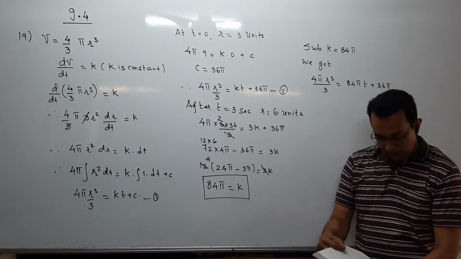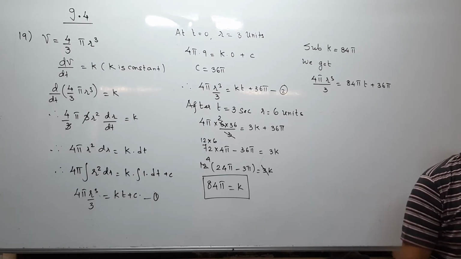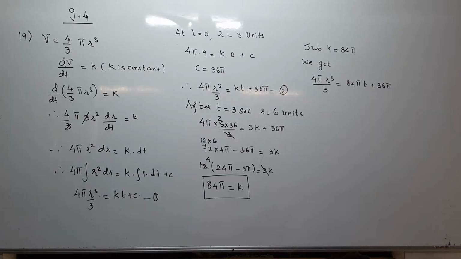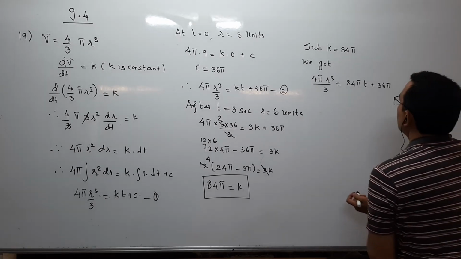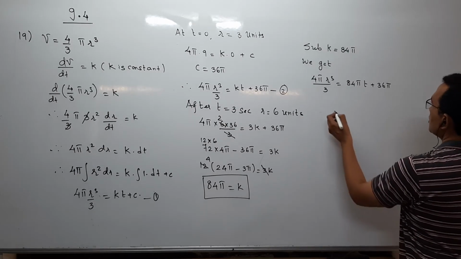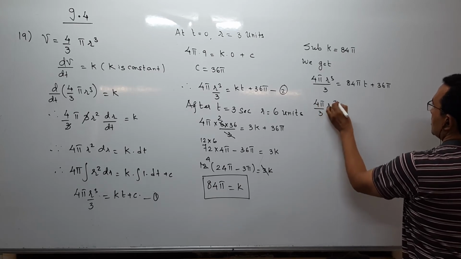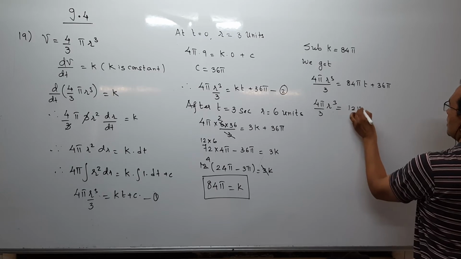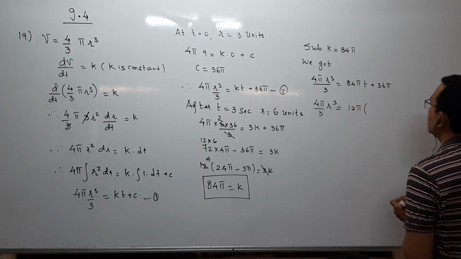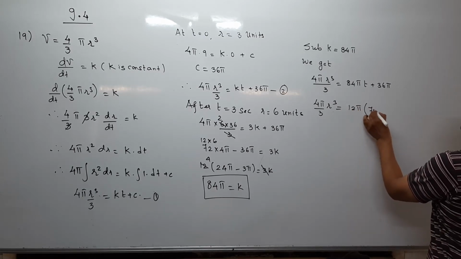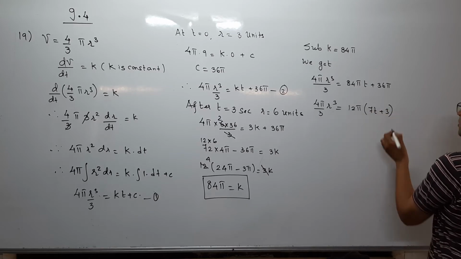Now what is asked? Find the radius of the balloon after t seconds. So we have to make r the subject of the formula. Now students, what we can do, here I am writing 4 pi by 3 r cube. Here I can take 12 pi common. So what I will get is 7t plus 3.